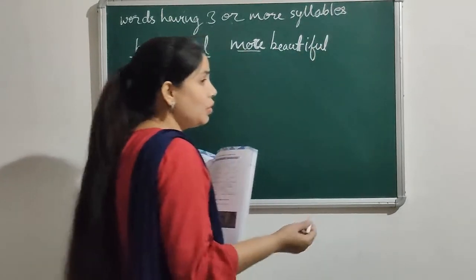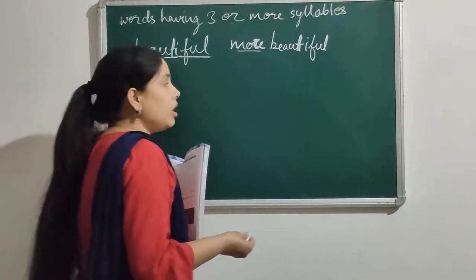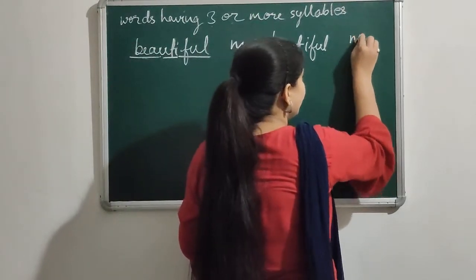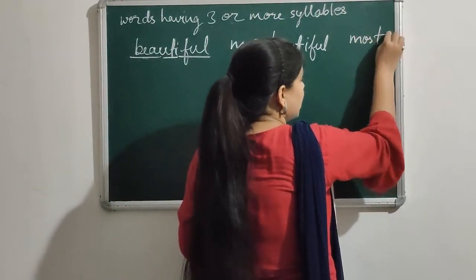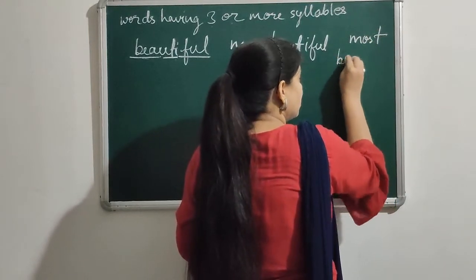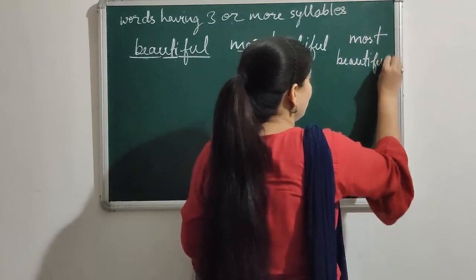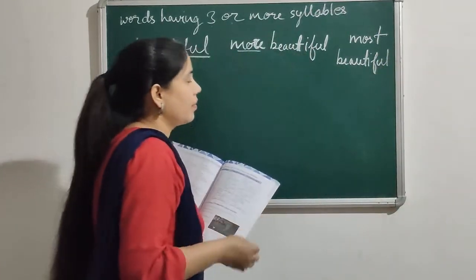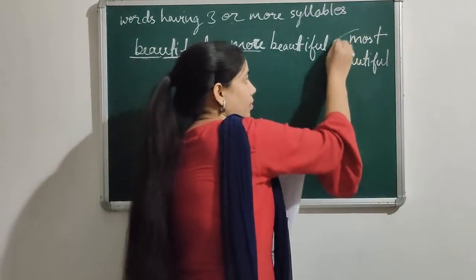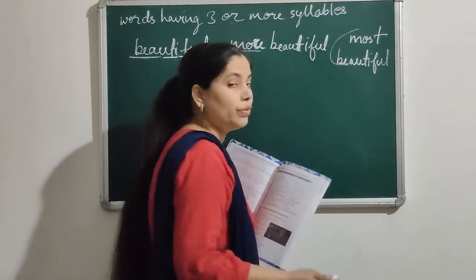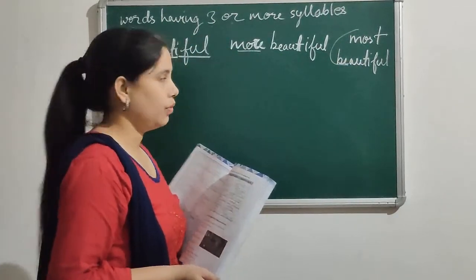And if you want to form its superlative degree, what will we do? We will add most, and then use the main word of the adjective. The superlative degree of beautiful will be most beautiful.